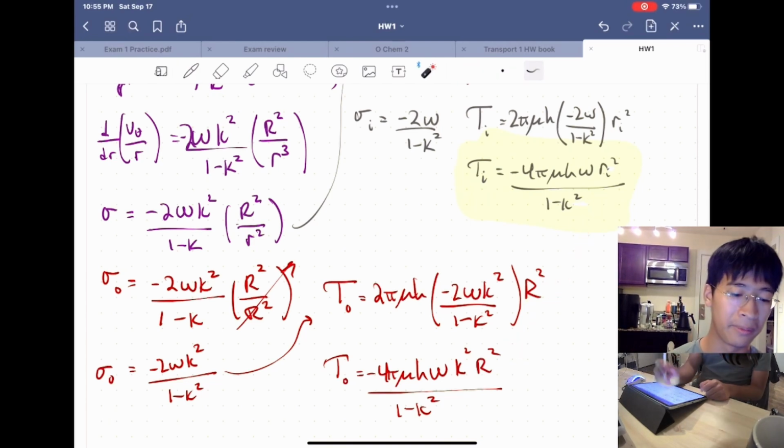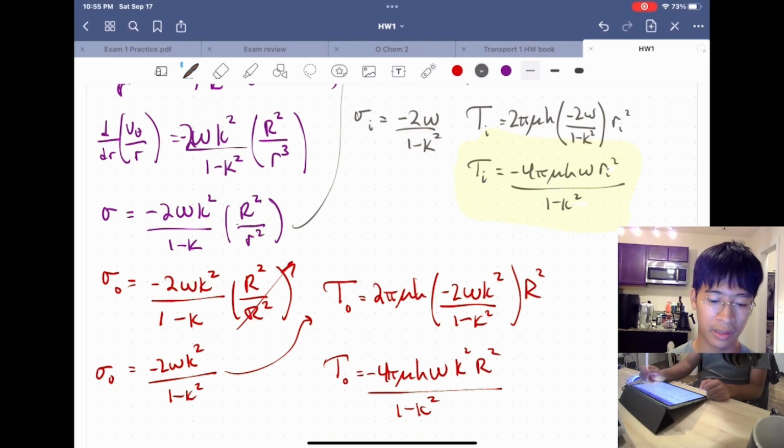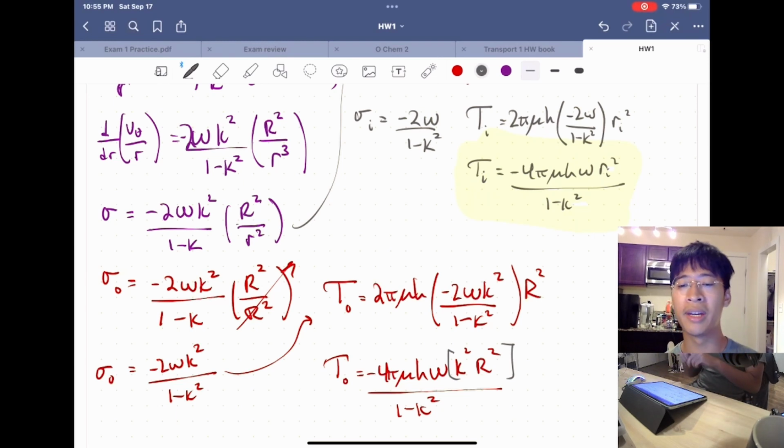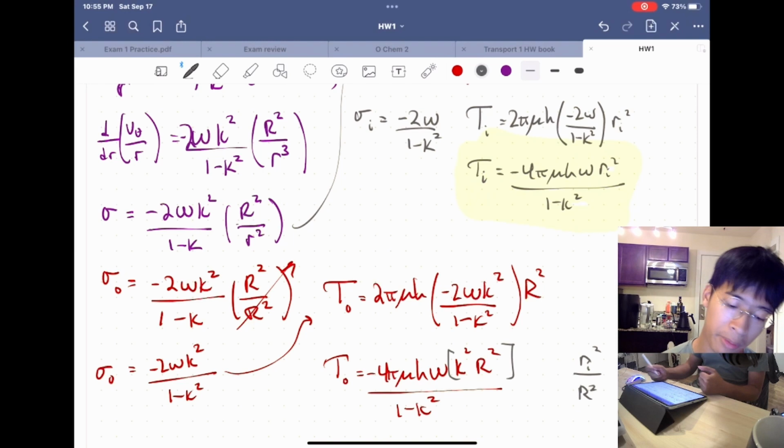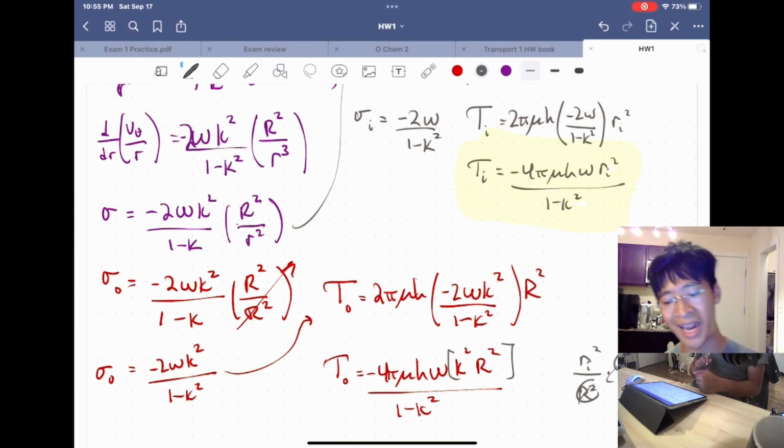We have to do some simplification here. What do you notice? I put this deliberately, that k squared being right next to R squared. We can expand our k expression. Recall that the k expression is equal to the ratio between the inner radius and the outer radius, and if it's squared, both are squared, multiplied by R squared. That cancels out.